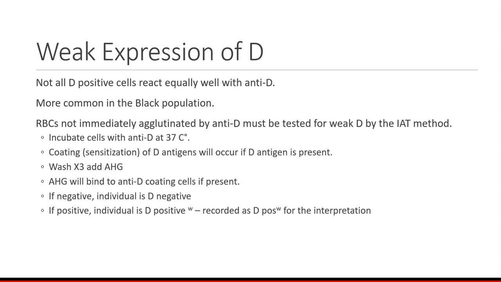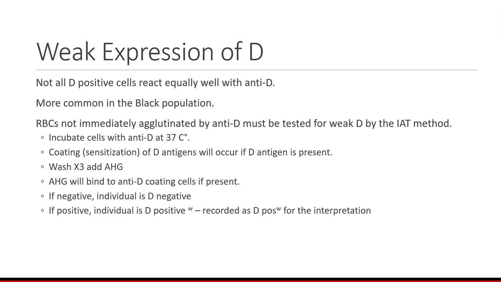During the incubation, the coating or sensitization of the D antigens will occur if the D antigen is present. In other words, the reagent anti-D will attach and bind to the weak D antigens on the cells. But you can't see it because they're IgG. So what we do is we wash 3 times to remove all the contaminating proteins, and you add anti-human globulin serum.